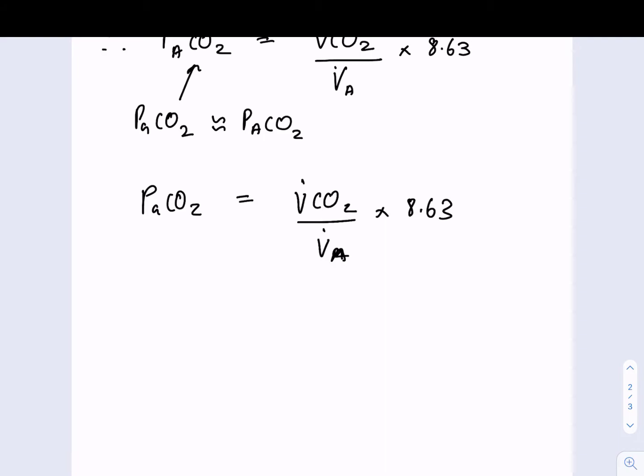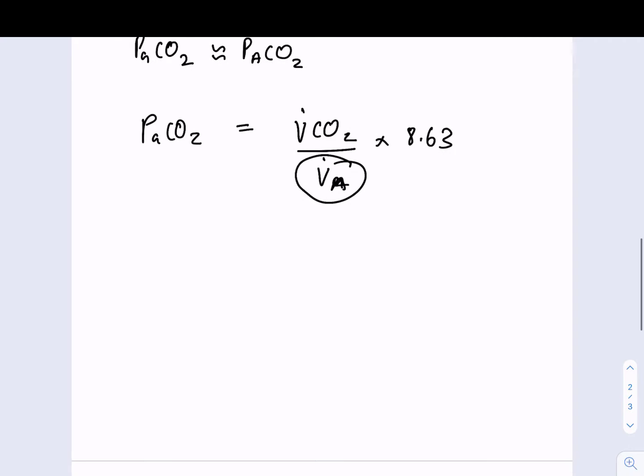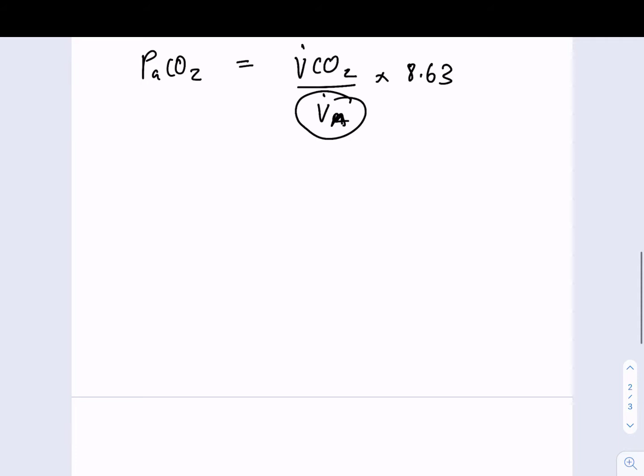Also, if you think about it, if your alveolar ventilation increased, so the amount of gas that you're breathing out per unit time per minute increases, then the amount of carbon dioxide that you're breathing out is also going to increase. So the amount of carbon dioxide as measured by partial pressure of carbon dioxide in the arterial gas is going to drop. And we can model this with the following graph.